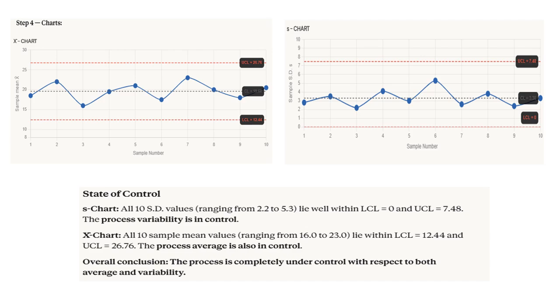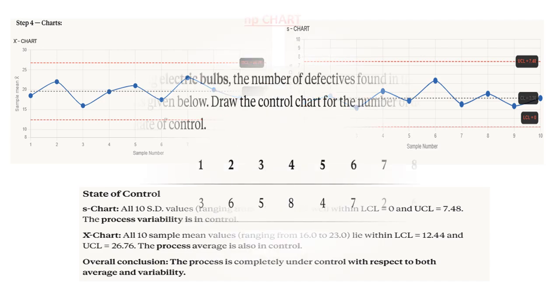Similarly, in the standard deviation chart, all the 10 standard deviation values lie within the lower control limit 0 and the upper control limit 7.46. Therefore, the process variability is also under control. We come to an overall conclusion that the process is completely under control with respect to both average and variability.